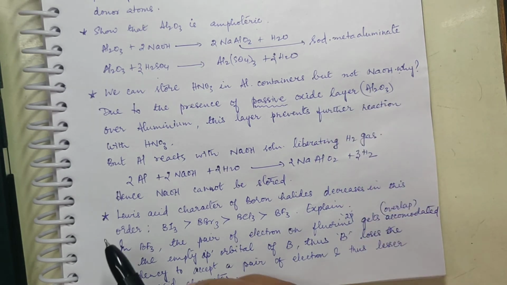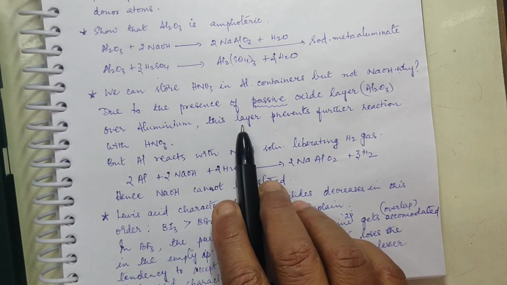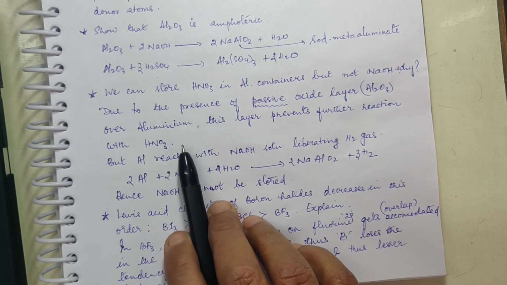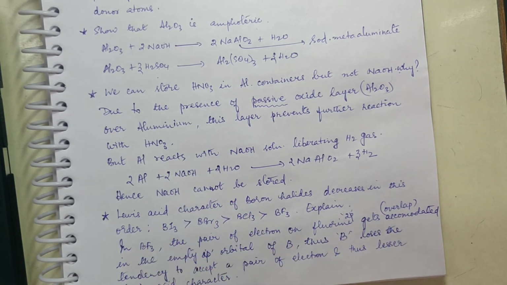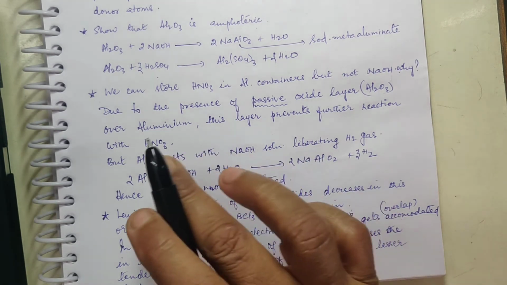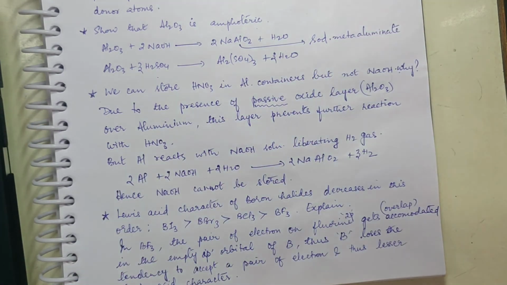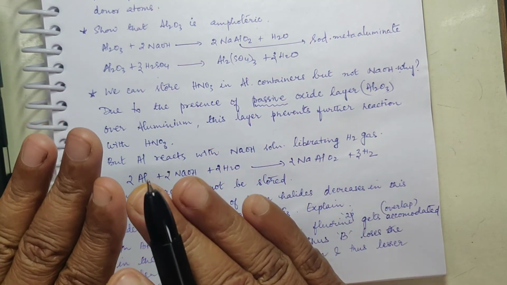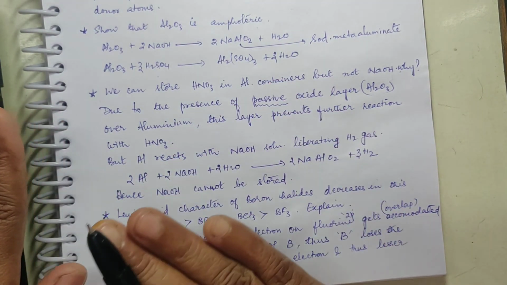Passive oxide layer over aluminium. This layer prevents further reaction with HNO3. HNO3 is an oxidizing agent. As soon as it comes in contact with Al, it forms an Al2O3 layer. Even then, this aluminium, whenever you keep it open, an oxide layer is formed over it.